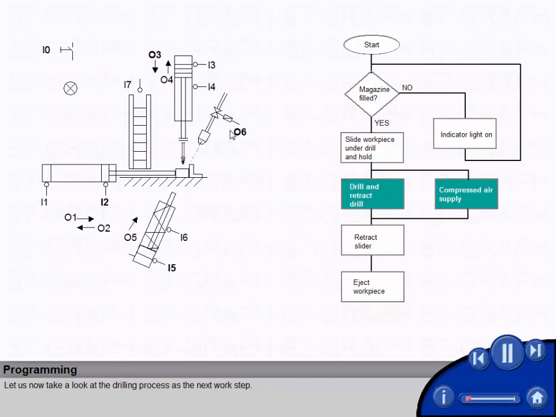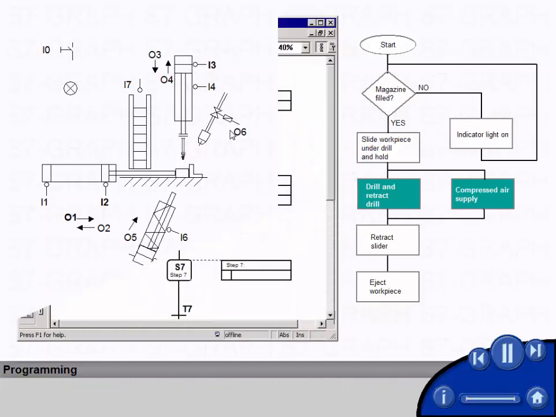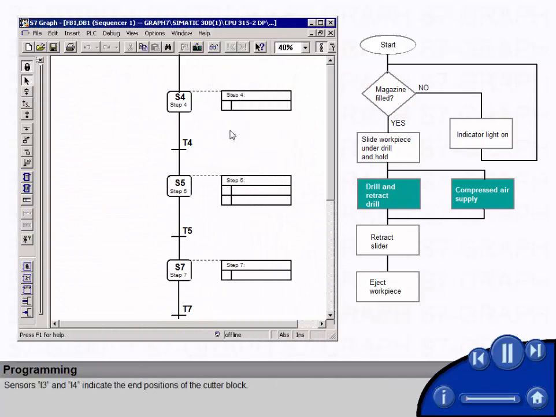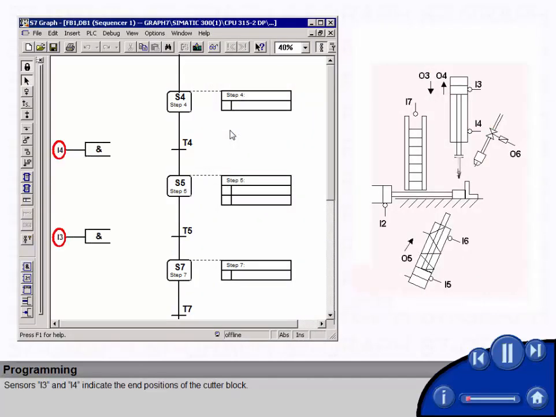Let us now take a look at the drilling process as the next work step. Here we will meet a simultaneous branch at which both chain parts are processed as it were in parallel. Sensors I3 and I4 indicate the end positions of the cutter block.